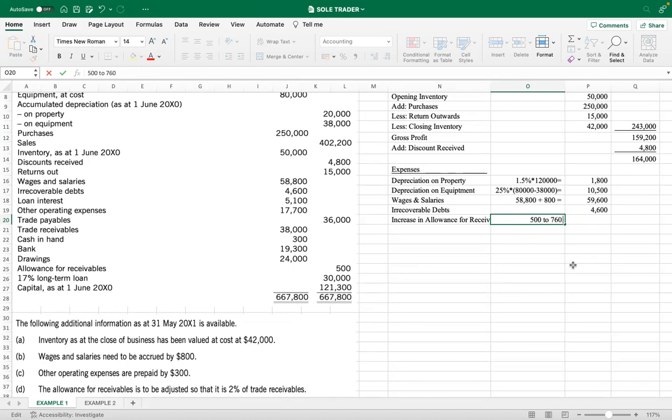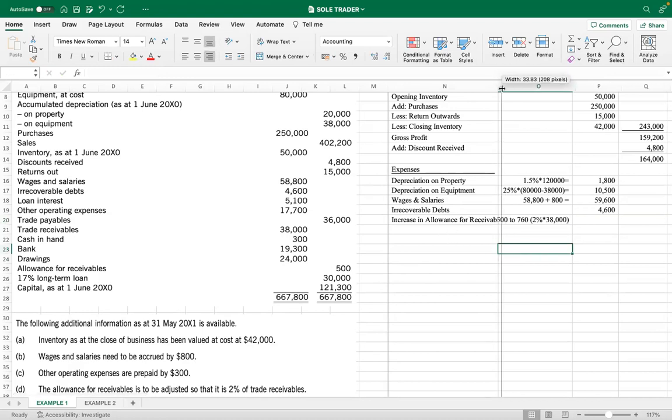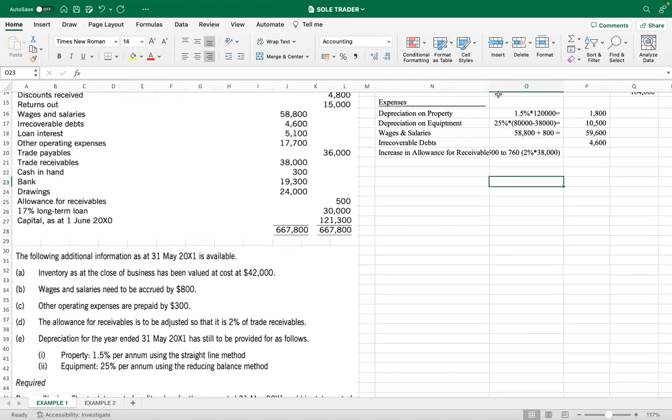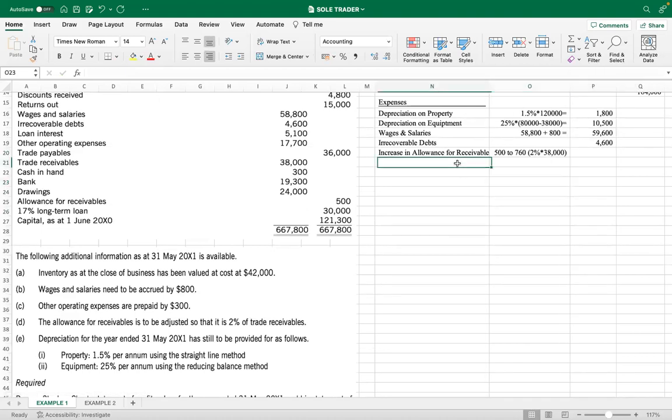It's moving from 500 to 760. How did we get 760? 760 was 2% times, was it 38,000? Trade receivables was 38,000. We had done it earlier when we were looking at what you add to the gross profit. So let's just try it, 2% times 38,000 so that we confirm.